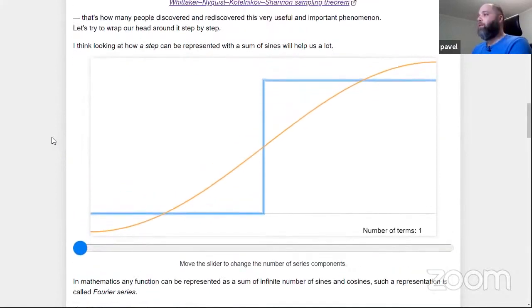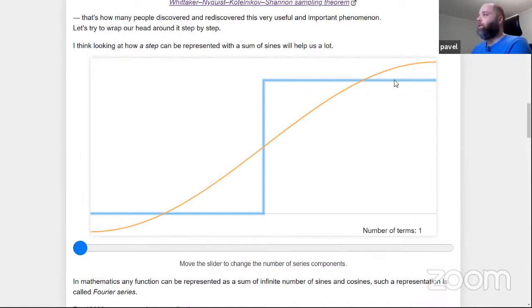So here we have our initial function, initial signal, which is a step. It has a discontinuity here, so the signal changes instantaneously. But anyway, we can work with it, and we can represent this signal with a sum of some sines.